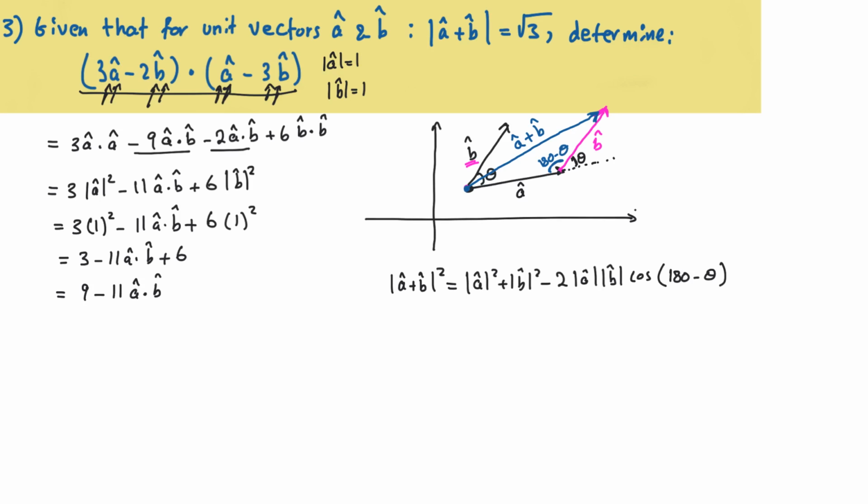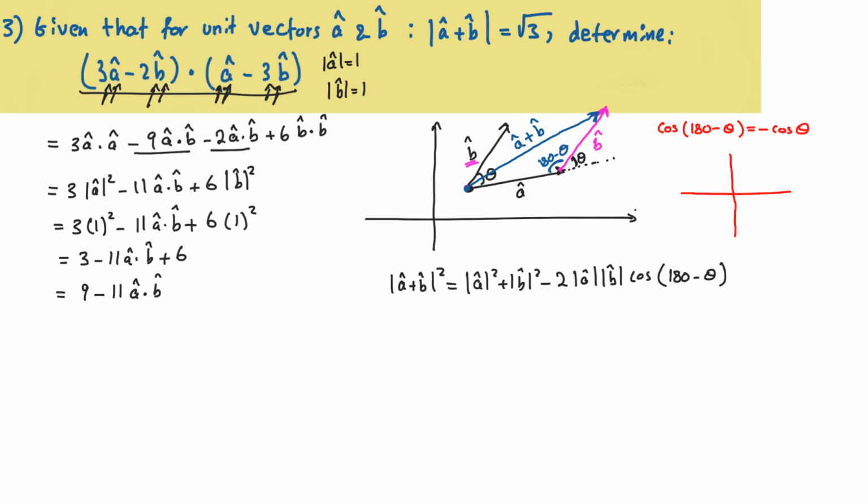Well, now we will have to use a property to link cosine of 180 minus theta to theta, and that is cosine of 180 minus theta is equal to the negative cosine of theta. And if you've done your trig, you should be able to come up with this.